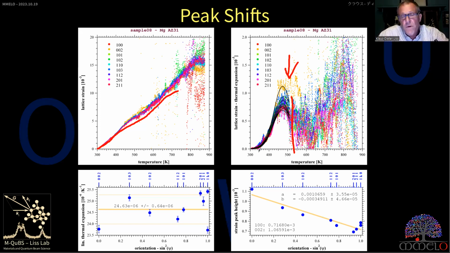So we worked it out. The bump is due to the phase transformation, the precipitation of Al12Mg17, where we get a change of composition because aluminium goes from the matrix into the precipitates.